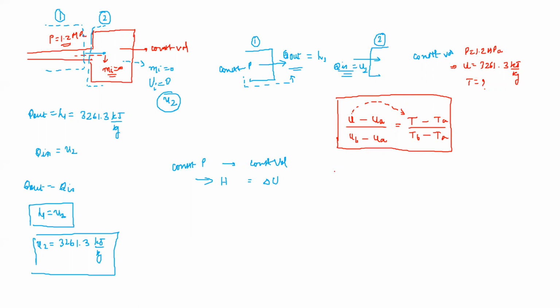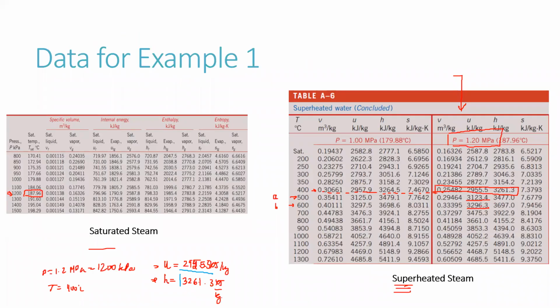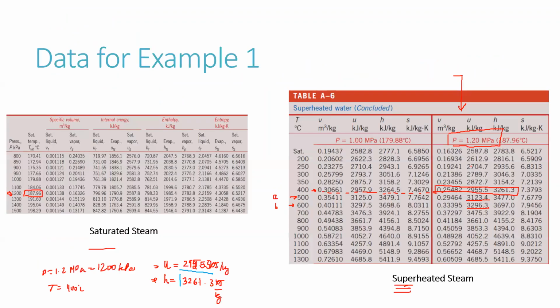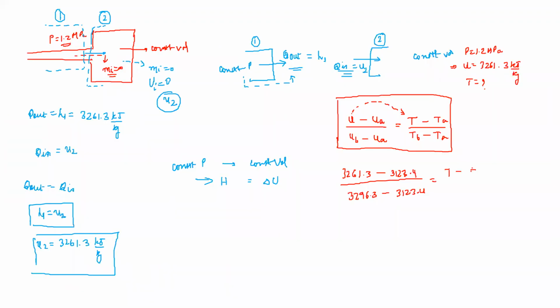So the internal energy over here is given to be 3261.3. UA is 3123.4, UB is 3296.3. T we don't know. TA is 500, TB is 600.